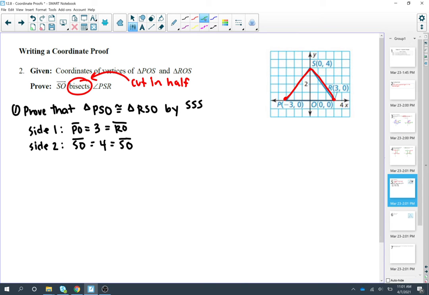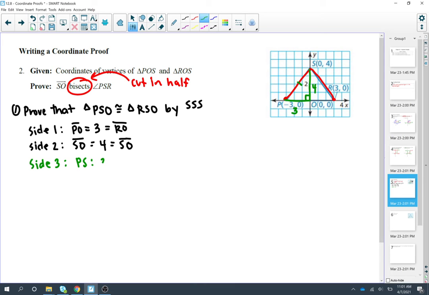The way I'm going to do that essentially is the distance formula, but I like using the Pythagorean Theorem. So I'm going to start with PS, and we're going to find that. So PS is right here. I'm going to drop over this way. I'm going to drop up this way. This is a right triangle. So Pythagorean Theorem. I know this is 3. I know this is 4.